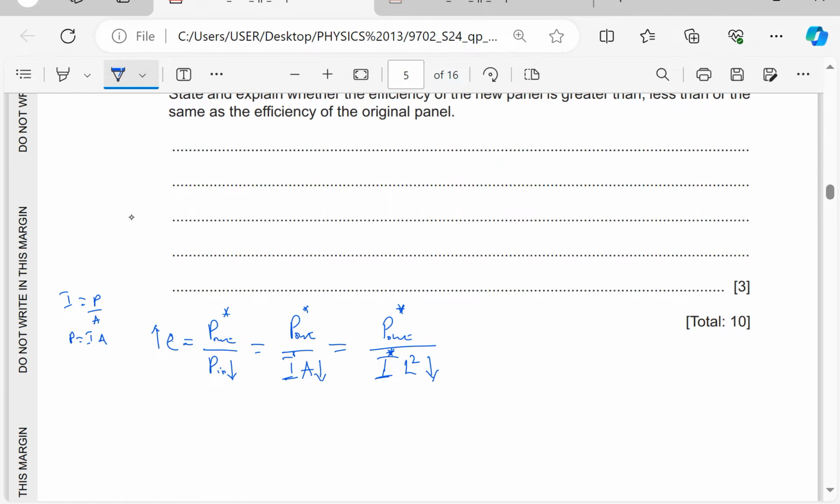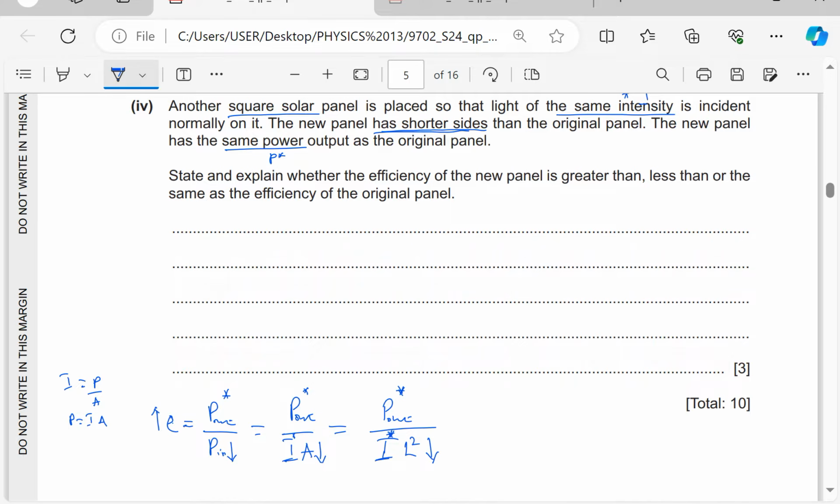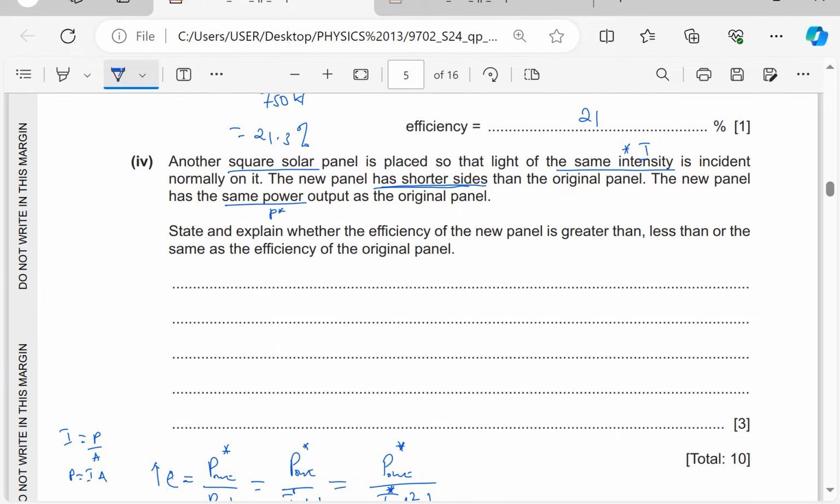Okay, so I will simply put this in writing and I will say shorter sides means the area of the new panel is less.